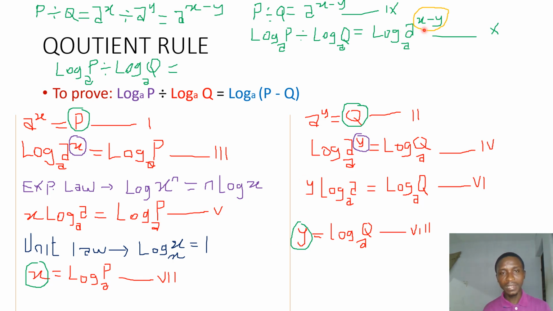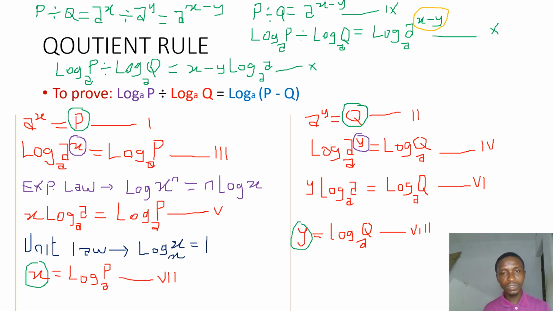So applying that here, that will make x minus y come down at the right hand side of equation 10. So we have x minus y now log a base a. Then again, let's call this equation 11.